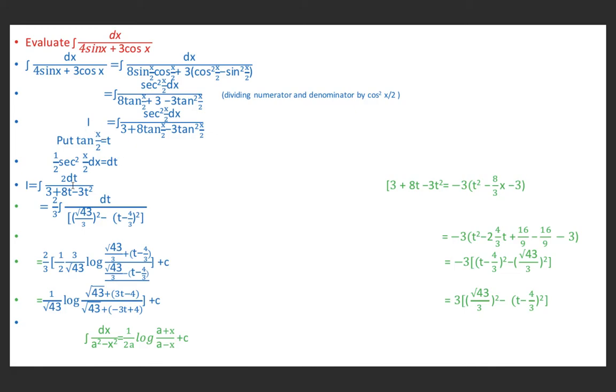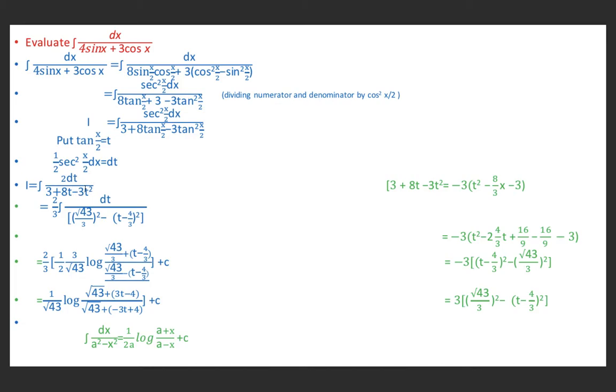So therefore this I is equal to 2 dt in place of this, and here this is 3 plus 8 tangent x by 2 is t, 8t, then minus 3 tangent square x by 2 is t square, 3t square. So this is 2 dt upon 3 plus 8t minus 3t square. So this is the expression of the form which we discussed in previous example.